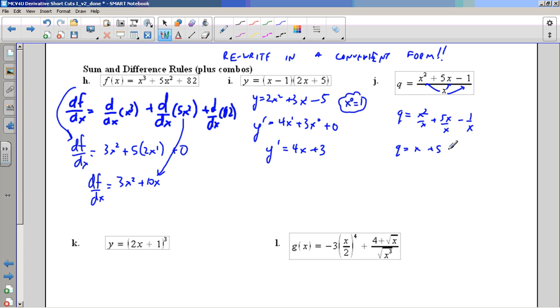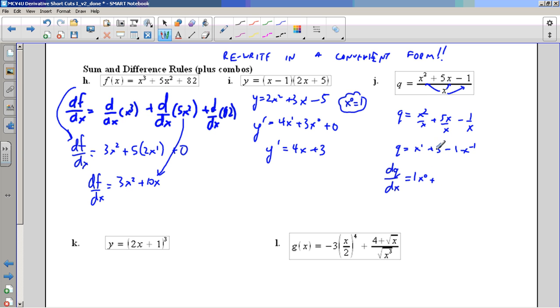Plus 5 minus, I'm going to write it like that instead of like this, because then I can think of the exponent coming down and then subtracting 1 off of there and so on. So I'm going to go dq dx. I could go q prime, it doesn't matter. And then remember the exponent here is 1. So this is 1 times x to the exponent 0.